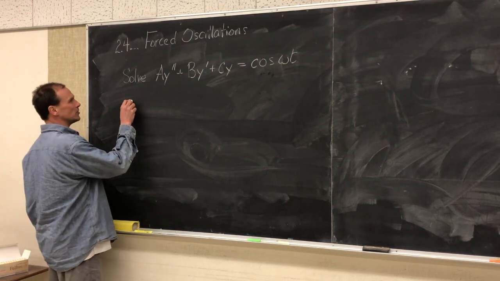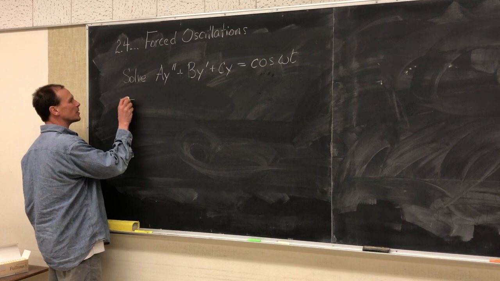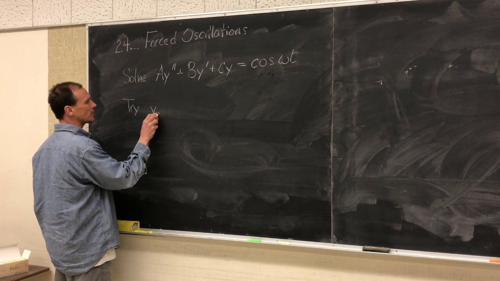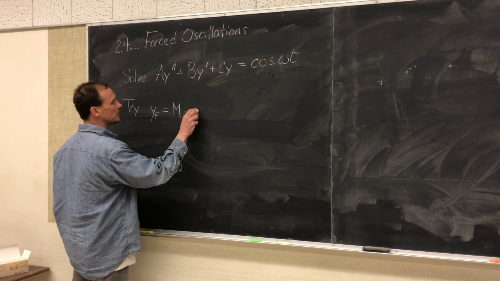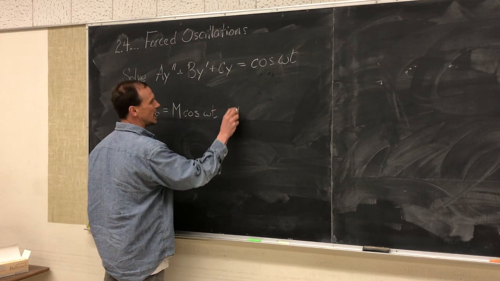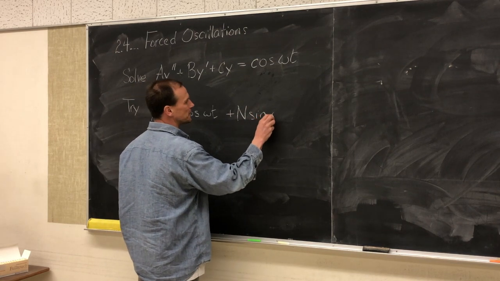So our general solution, our particular solution, we're going to try y particular is m cosine omega t plus n sine omega t.